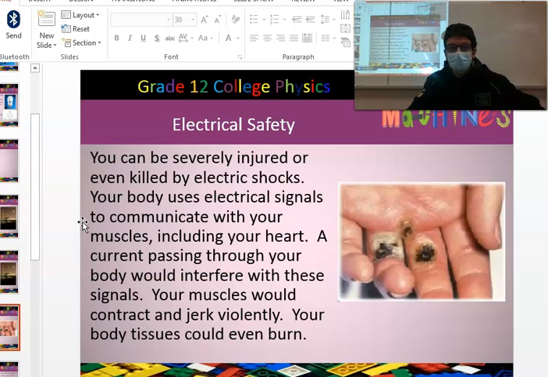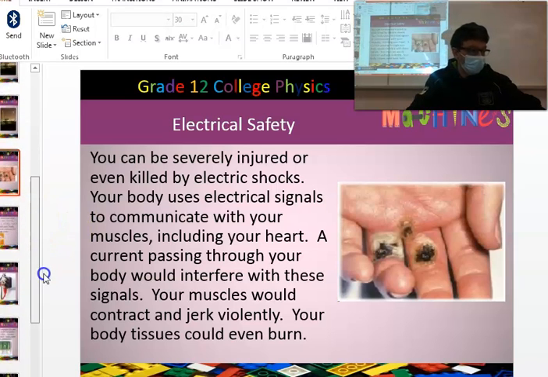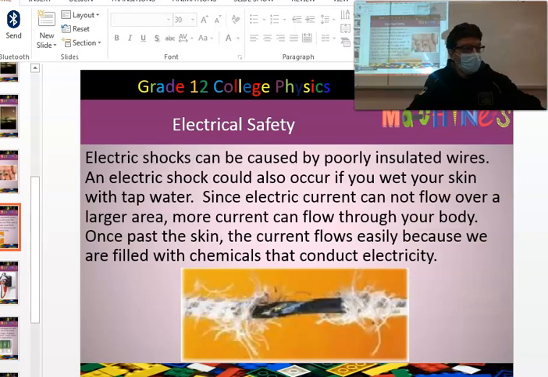If you had another current passing through you, that would disrupt those signals. Right? Your muscles would contract or jerk violently, and that much current can cause your tissues to burn. So, very, very dangerous.